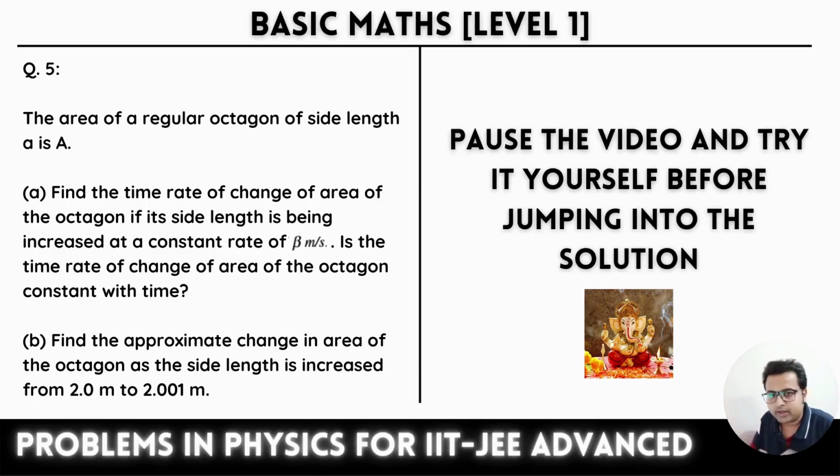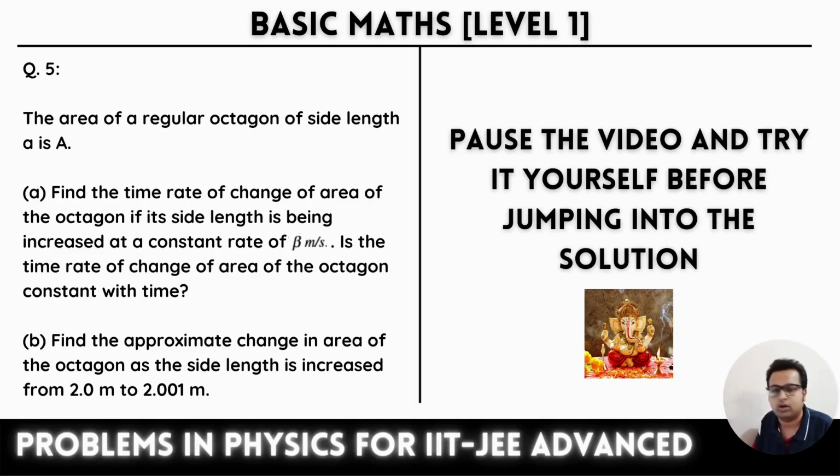So you have to find the rate of change of area. And one more thing in the A part: is the time rate of change of area, which you will calculate, constant, or is it dependent on some quantity? That also you have to find out.